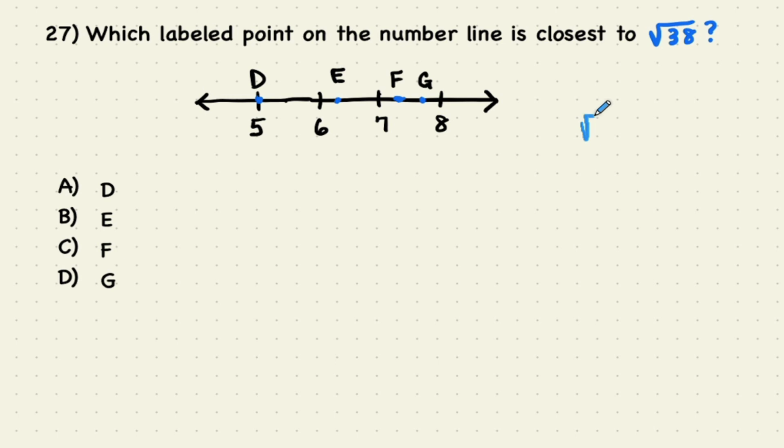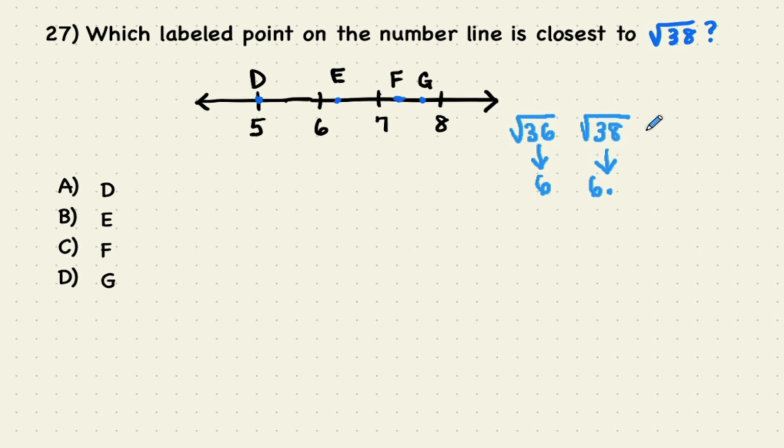However, on each side of the square root of 38, we need to have a whole number. Okay, and so on the left side of the square root of 38, well, let's think of the perfect square root, and that will be 36. And the reason why is because we get a whole number of 6. So that means that the square root of 38 is 6 point something.